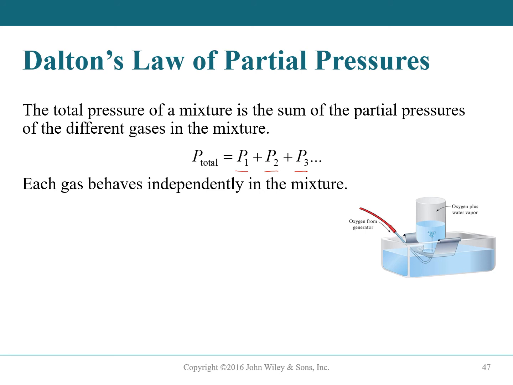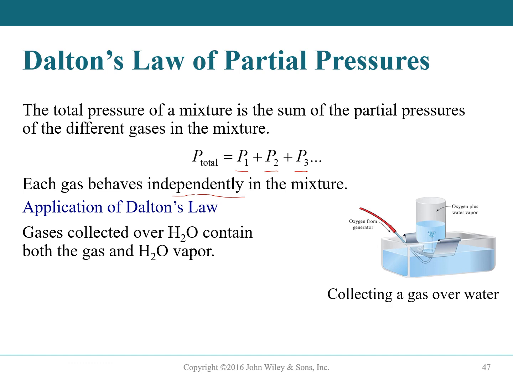Now, based on our ideal gas law and what we observe, they behave independently. So the nitrogen and oxygen in our air don't interact. How do we apply Dalton's law? Remember in experiment 3 and experiment 4 and experiment 5, where we're generating hydrogen and oxygen?